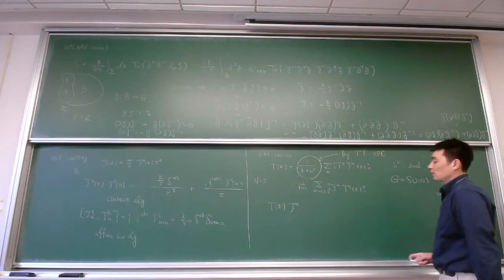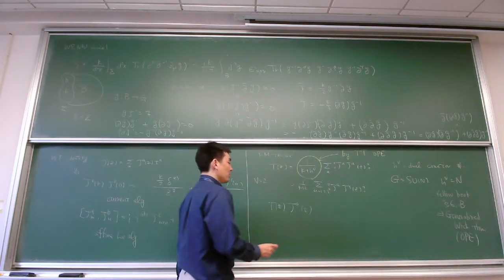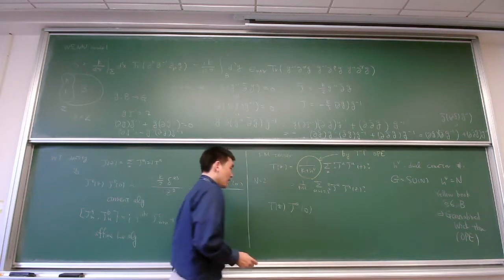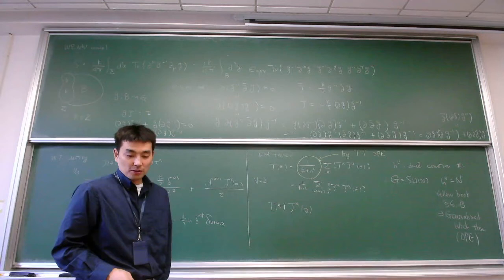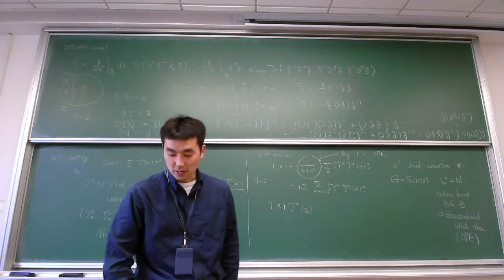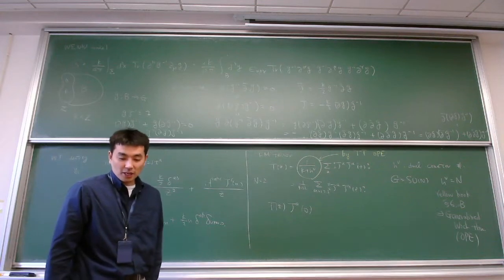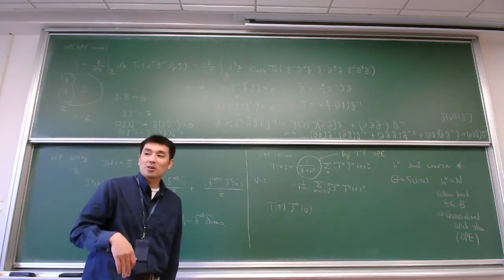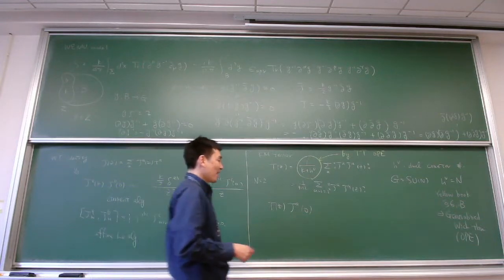You have to use this one indeed. The OPE is of this current J and the stress energy tensor in the Wess-Zumino-Witten model, and you have to use this generalized OPE, which I didn't explain in the lecture. It's kind of unfair.